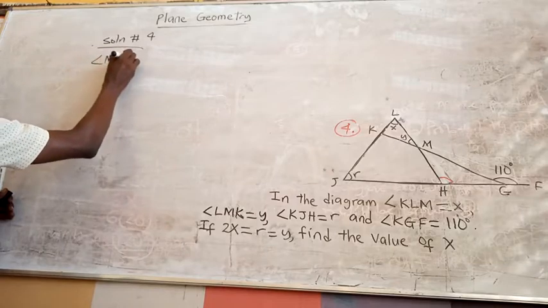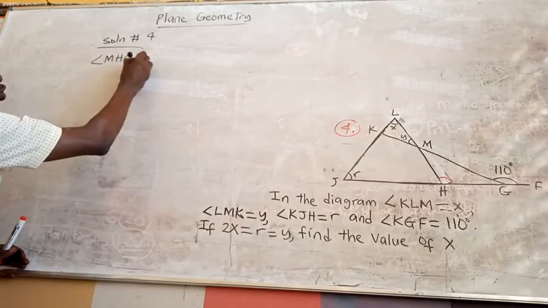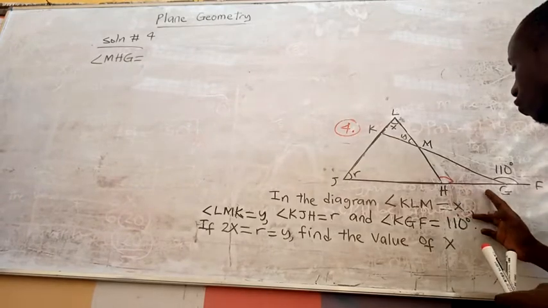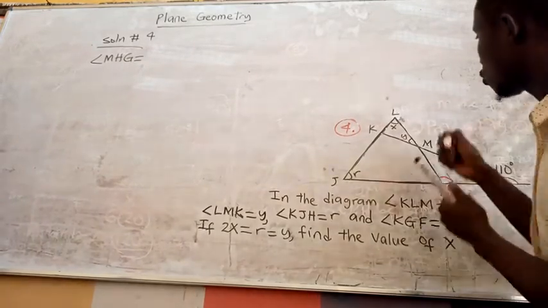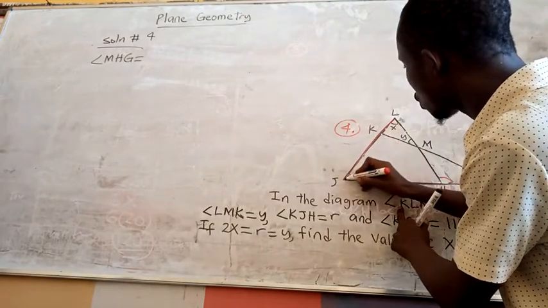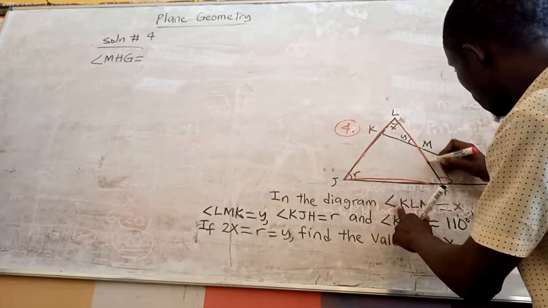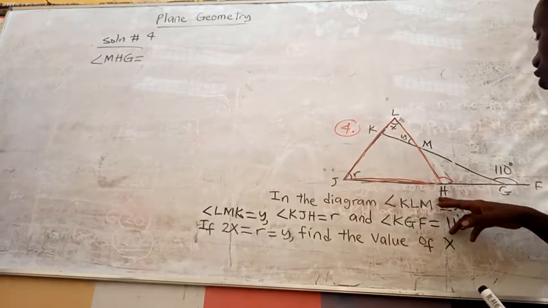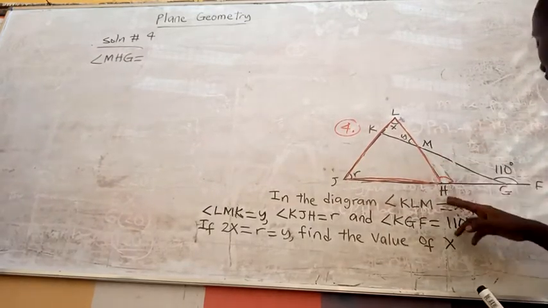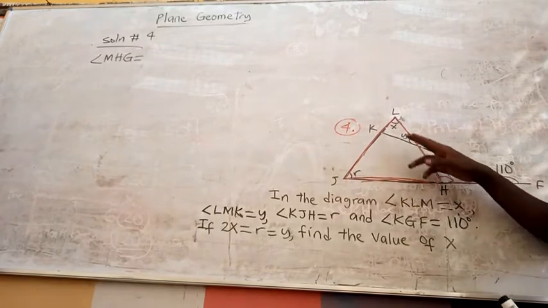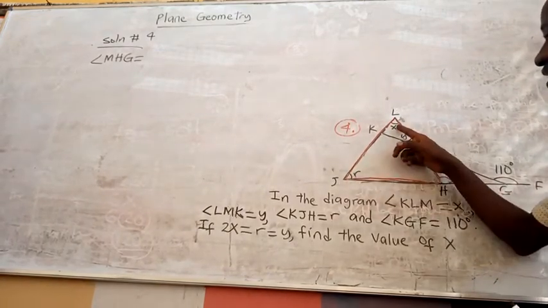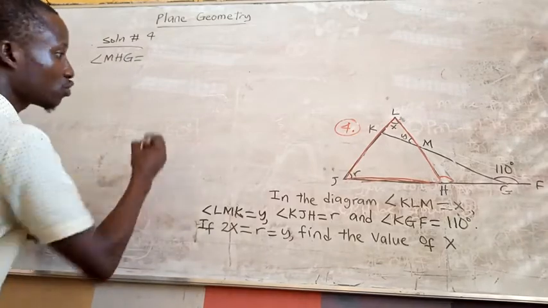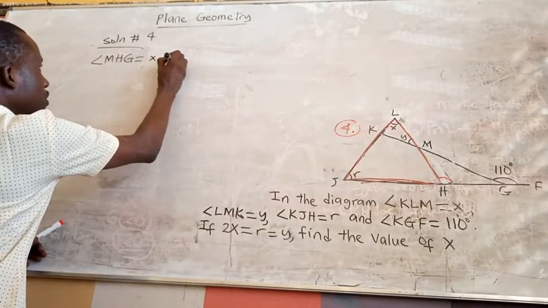Angle MHG is serving as an exterior angle, and the exterior angle is equal to the sum of the two remote interior angles. So considering triangle LJH, angle MHG is equal to the sum of the two remote interior angles, which are x and r. So angle MHG is equal to x plus r.